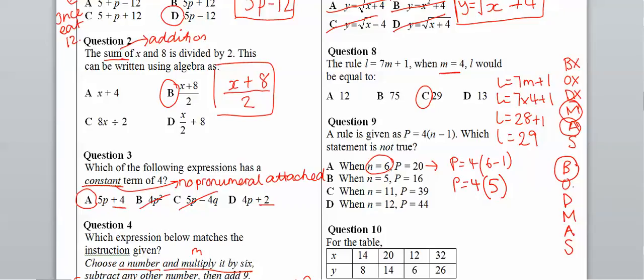Okay, next is division, multiplication. Remember that there is a times in between the 4 and the brackets, so we've got P equals 4 times 5. And then our answer is P equals 20. So A is correct. Let's erase that and move on to B.